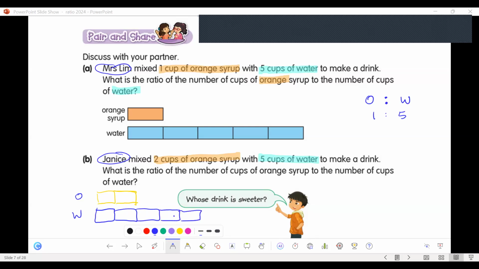Okay. And then I write here, her ratio, asking for the same thing, orange to water. So I write orange to water. So what would be the ratio for this one?